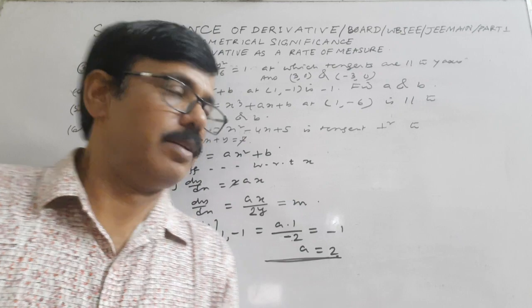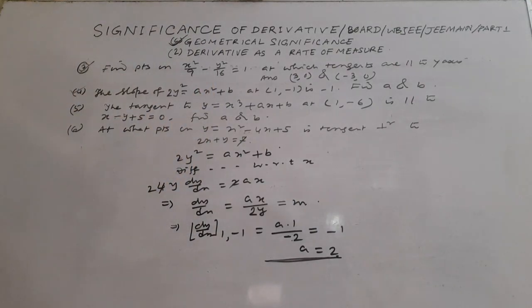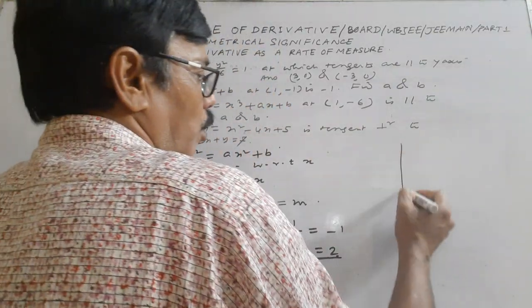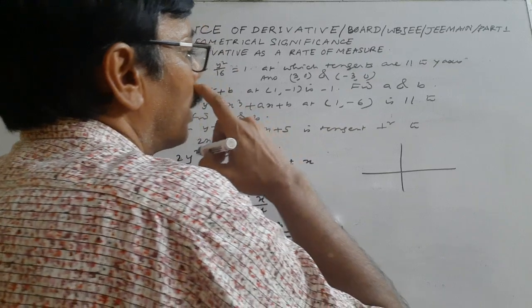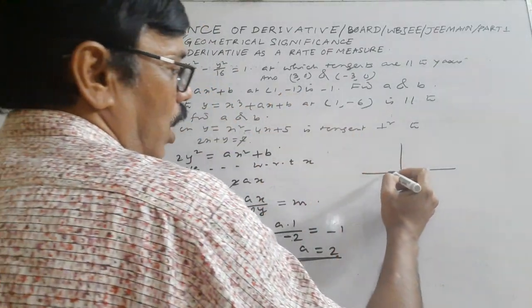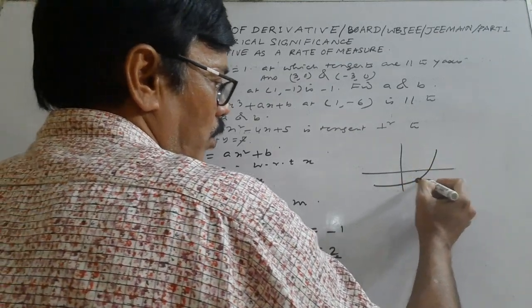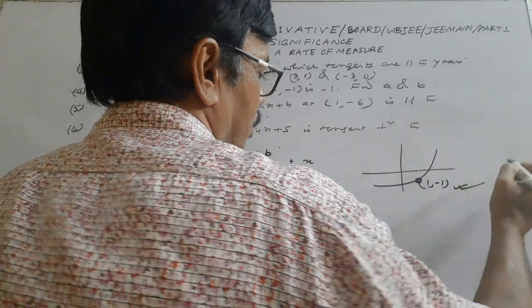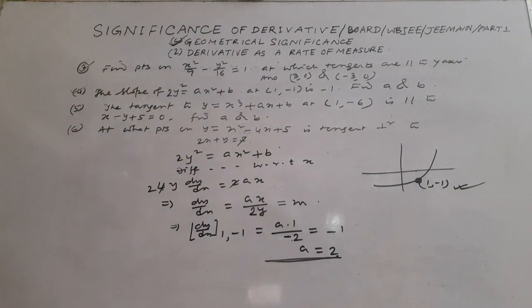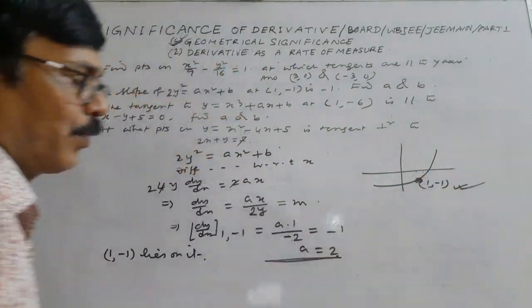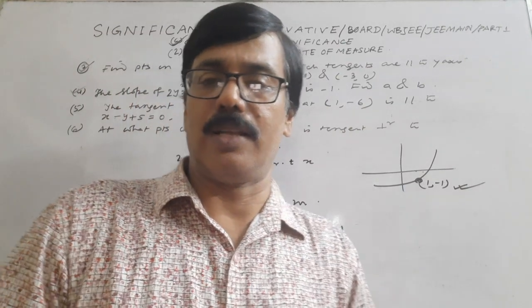Now you have to find b also, so we need one more condition. You are finding the slope at (1, -1), a tangent to the curve, so (1, -1) lies on the curve.